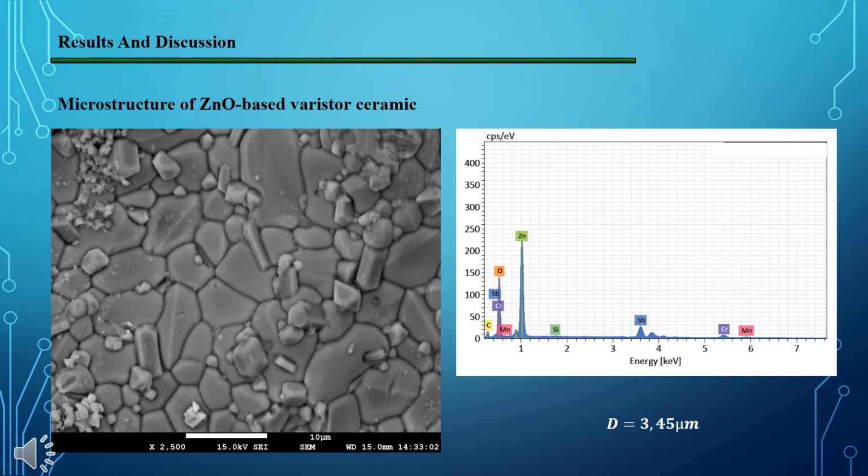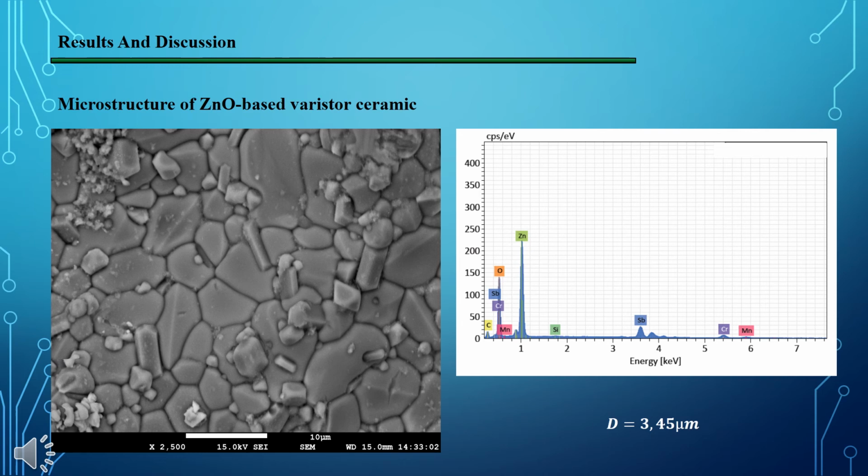It's observed that the microstructure of the ZnO varistor ceramic appears more homogeneous with a finer distribution of secondary phases, lower porosity, and mostly a smaller ZnO grain size, with a more uniform size distribution.